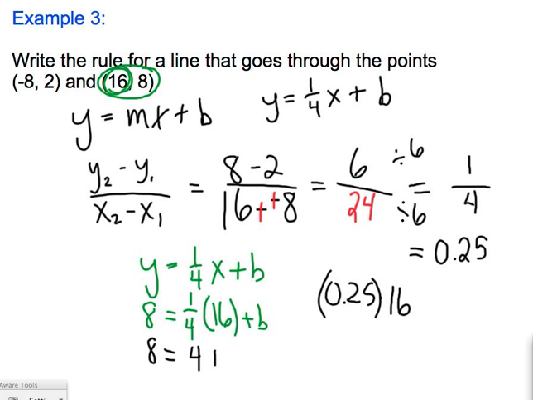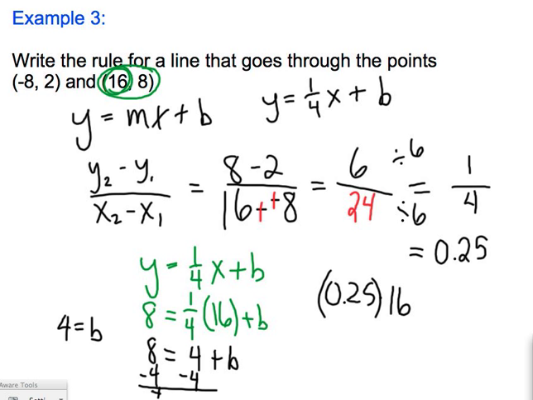So I'm going to do the multiplying of 1/4 times 16. Don't be afraid to use the decimal and do 0.25 times 16 in your calculator if that's hard for you, but you should get an answer of 4 equals 8, and then I have the plus b still.